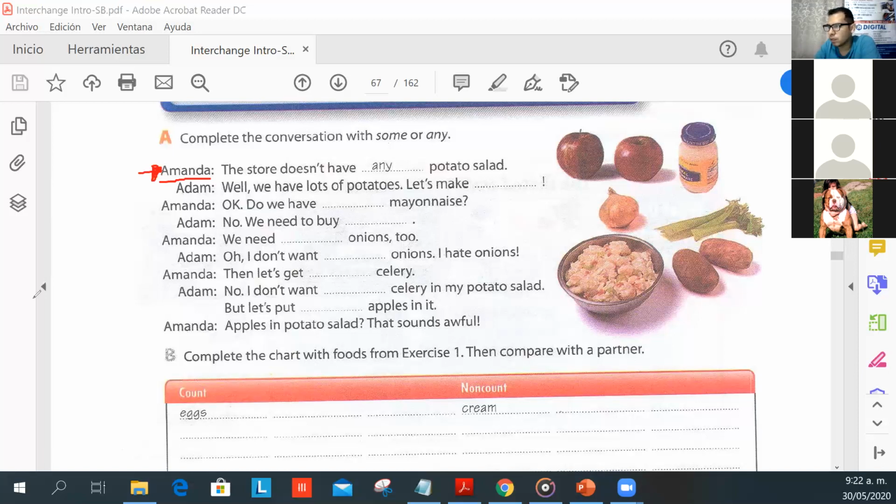Let's continue with the next line. It's Adam, and we have to complete here with some or any. Same here. Okay, Santiago, can you continue with the second line, please?